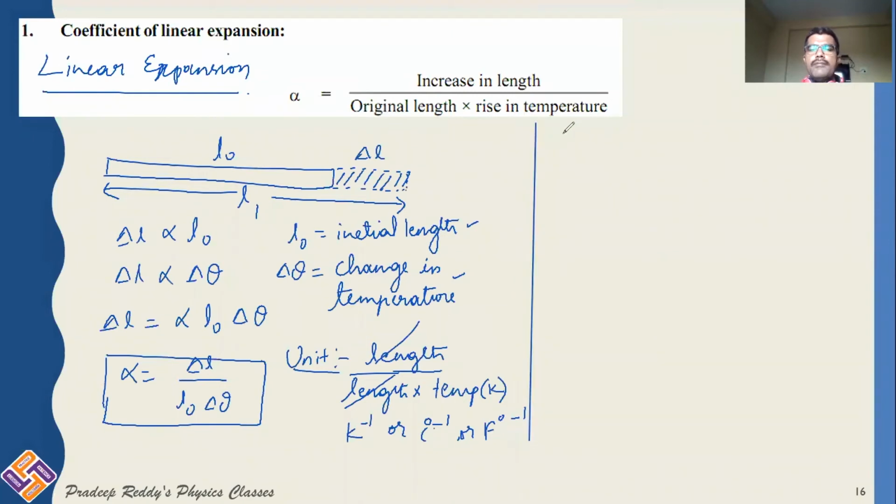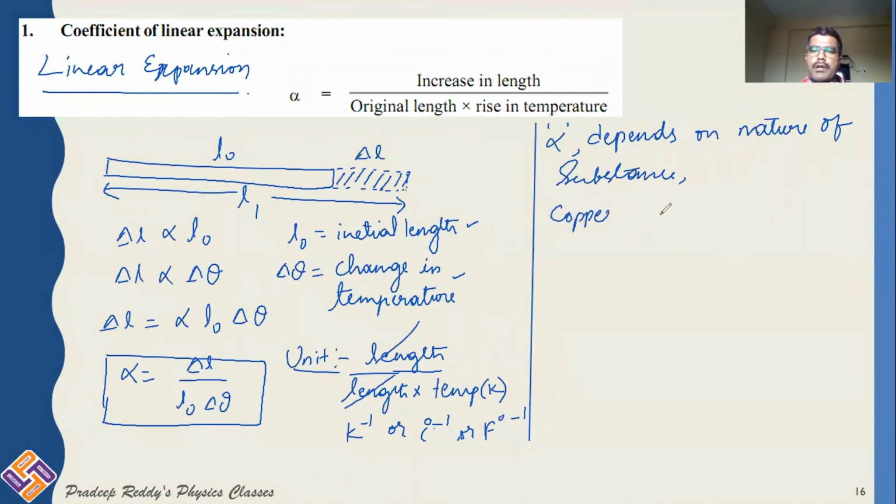And coefficient of linear expansion alpha depends on the nature of the substance. Different materials have different alpha values. Say for example, copper has alpha Cu.